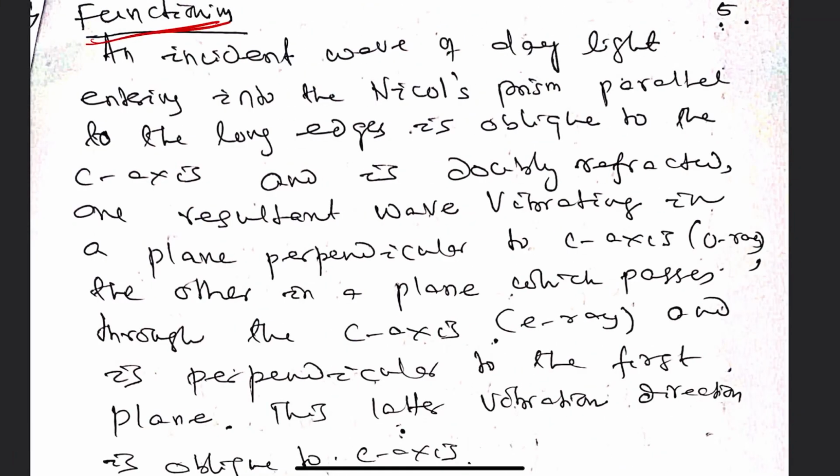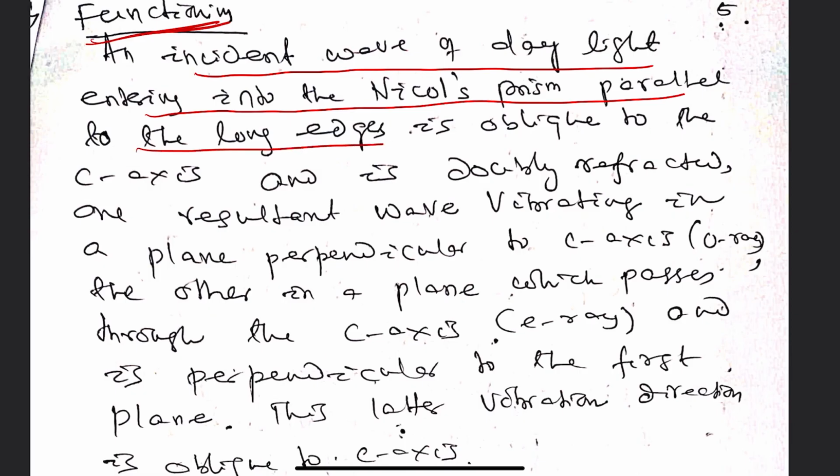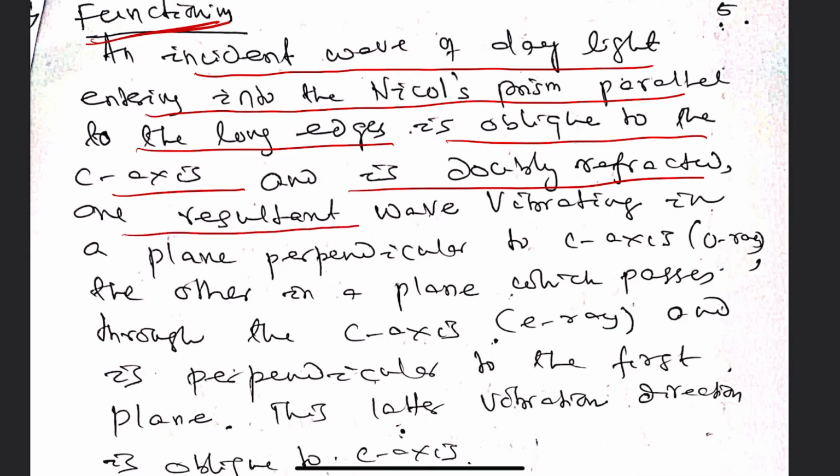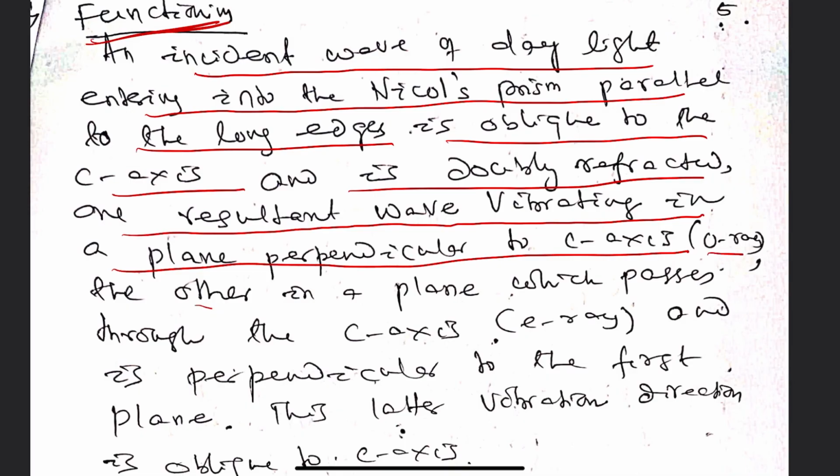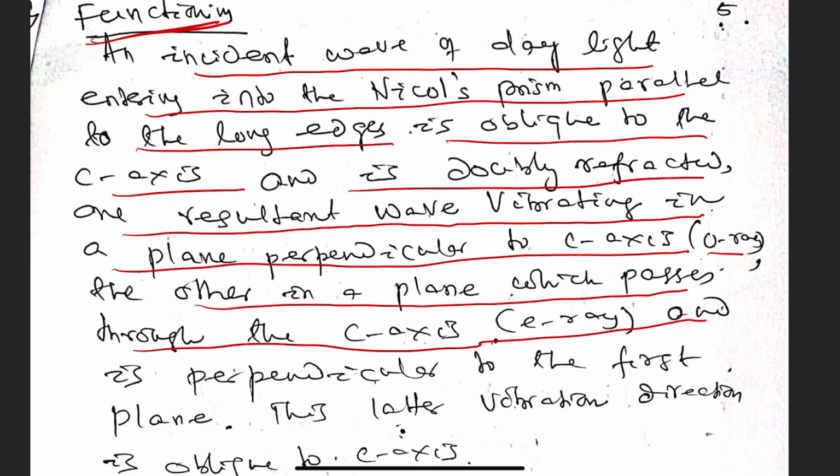Functioning, how it functions. An incident wave of light entering the Nicol prism from the bottom, parallel to the long edge, is oblique to the C axis and is doubly refracted, so that one resultant wave vibrates in a plane perpendicular to the C axis, the O ray, and the other in the plane which passes through the C axis, that is the E ray, and is perpendicular to the first plane.